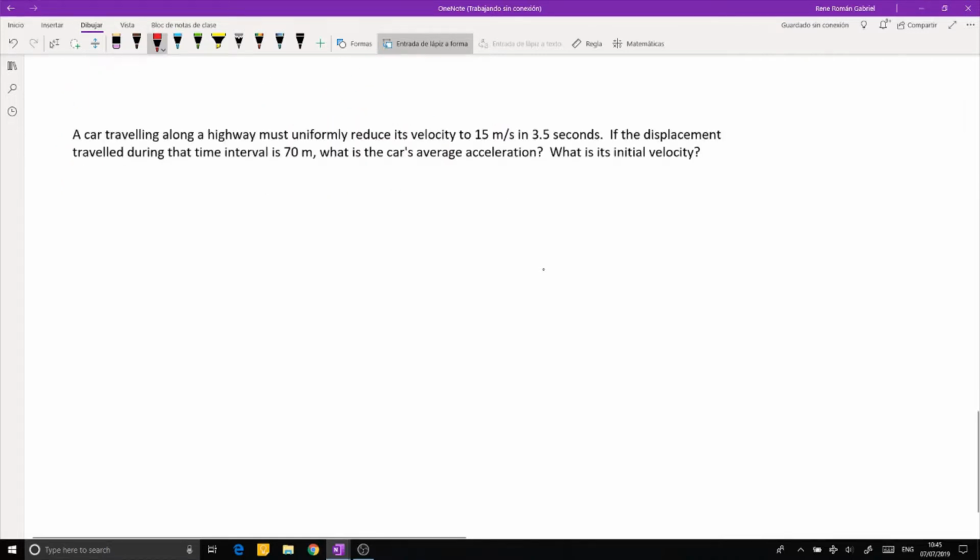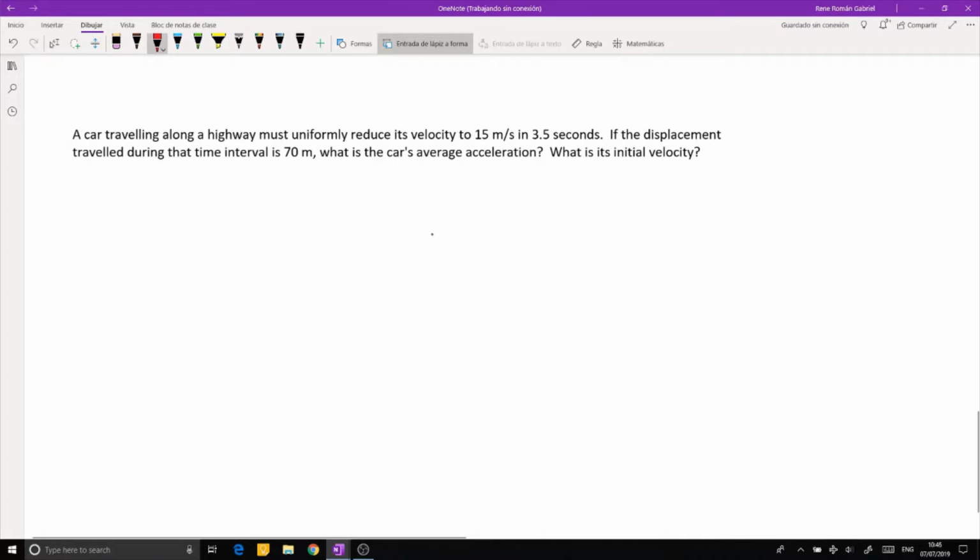A car traveling along a highway must uniformly reduce its velocity to 15 meters per second in 3.5 seconds. If the displacement traveled during that time interval is 70 meters, what is the car's average acceleration? So let's find the things we have to get our formula.